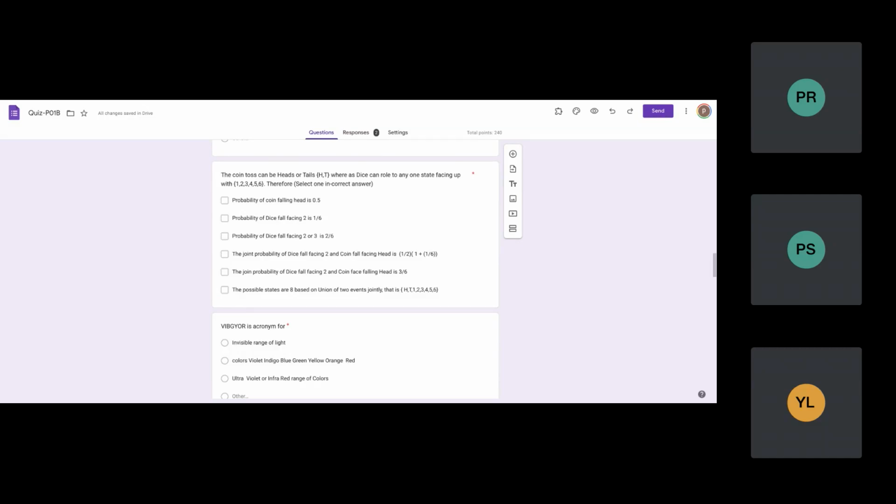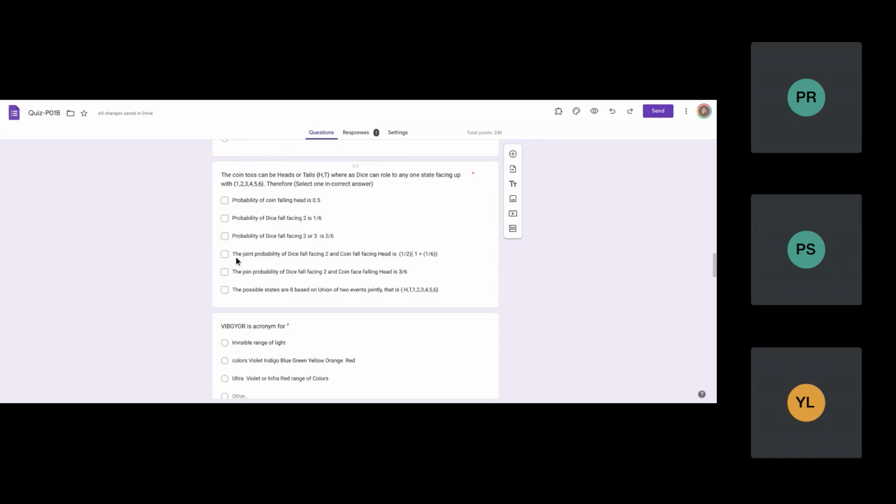But the joint probability is joint, so 1 by 6 into 1 by 2 will be 1 by 12. And this is making half plus 1 by 12, which should make 7 by 12, which is not correct. Yes, this one is incorrect.